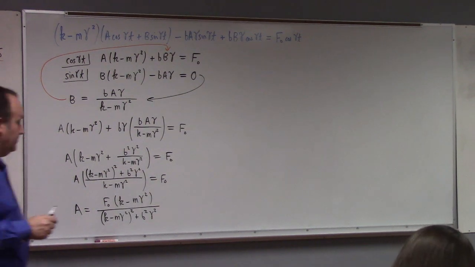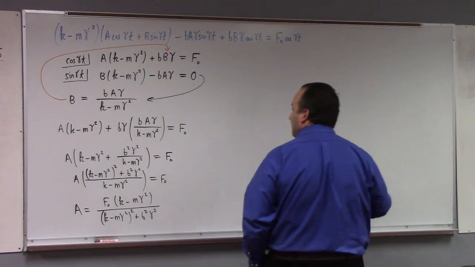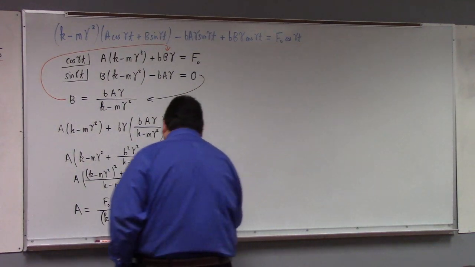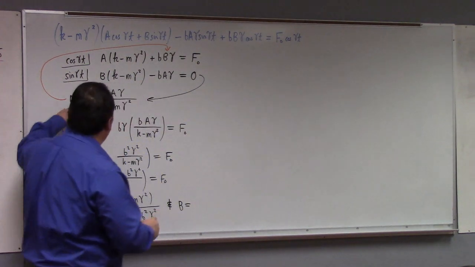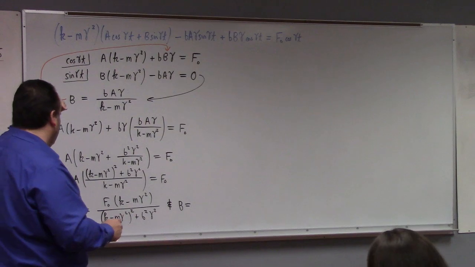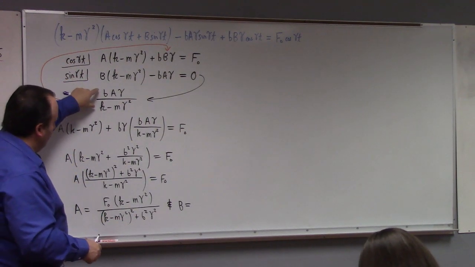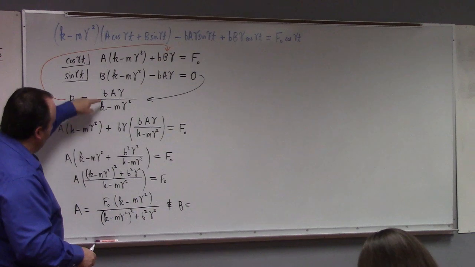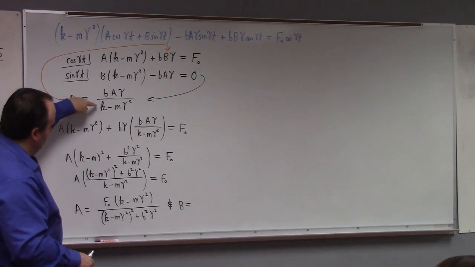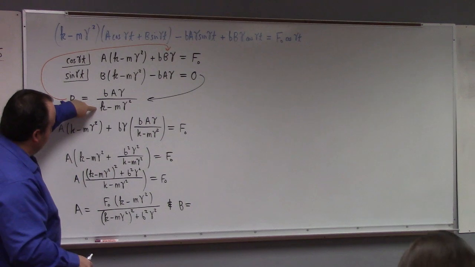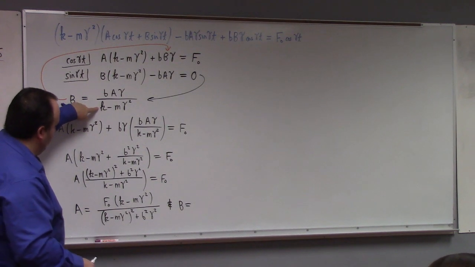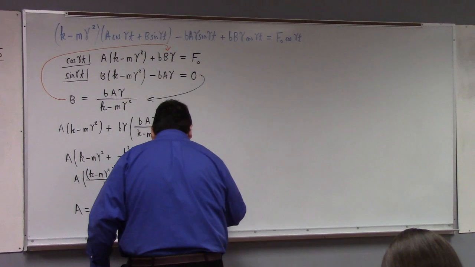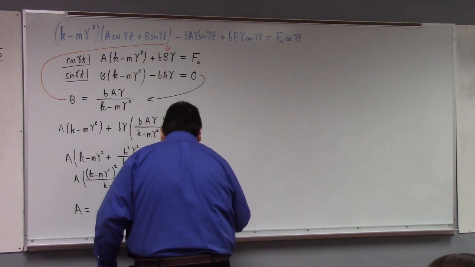And then if we know that, what's B equal to? We had it up here, b a gamma over that, right? So when we multiply what we have here by this right here, we cancel the numerator factor of this, and we're just left with b gamma f naught with the same denominator.